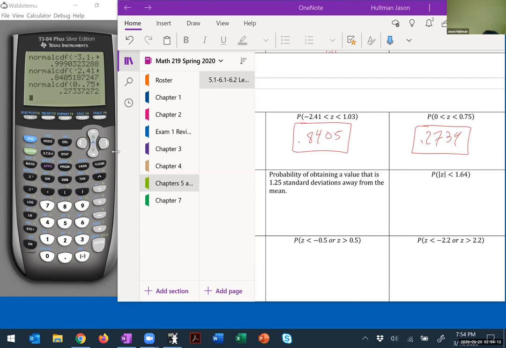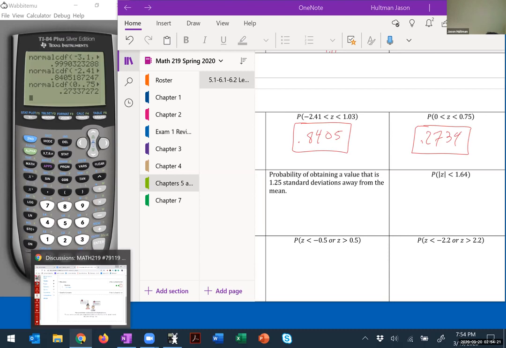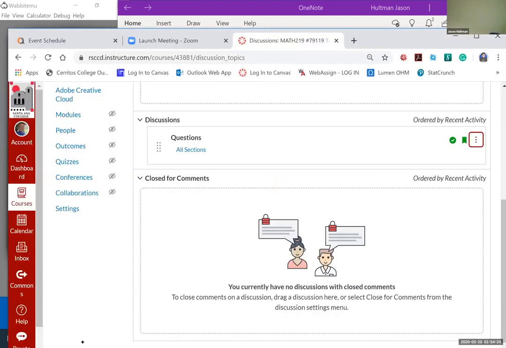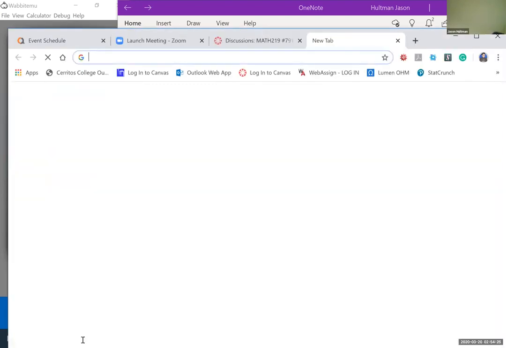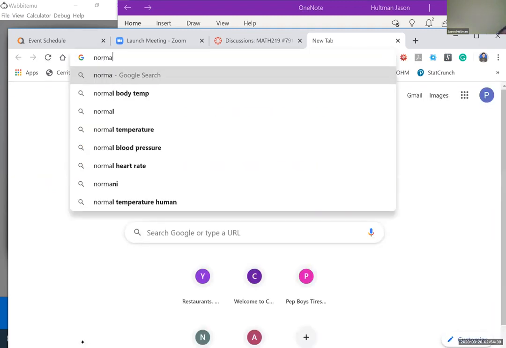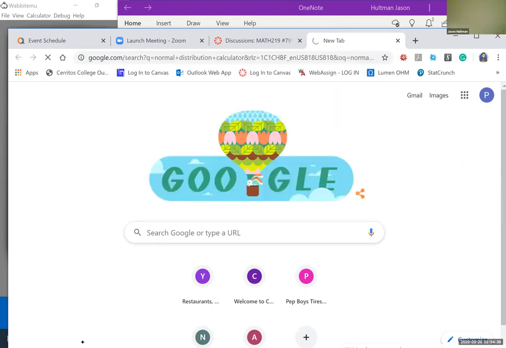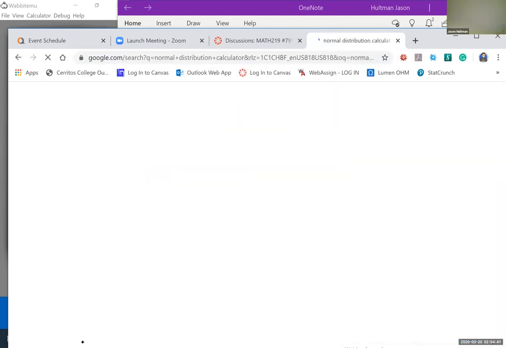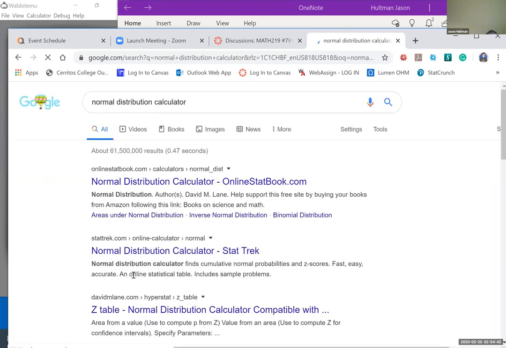Okay, so hopefully that helps. I can show you real quick if you want. Can you guys still see my screen? If you go here and you just Google normal distribution calculator, there should be like 17 of these that come up.